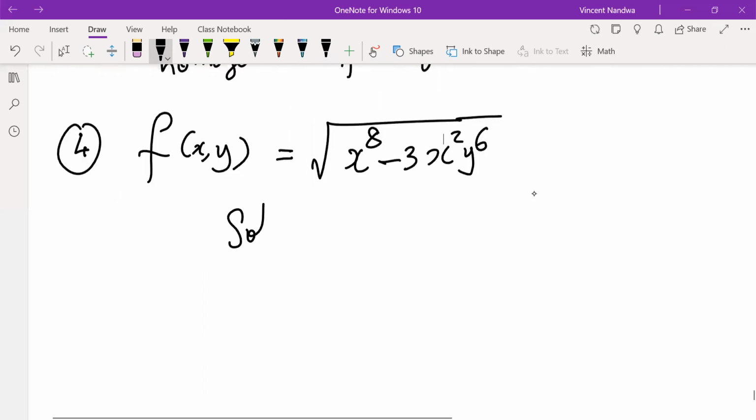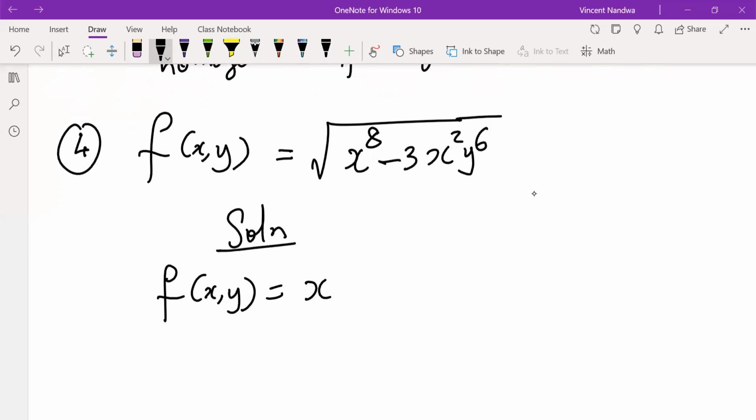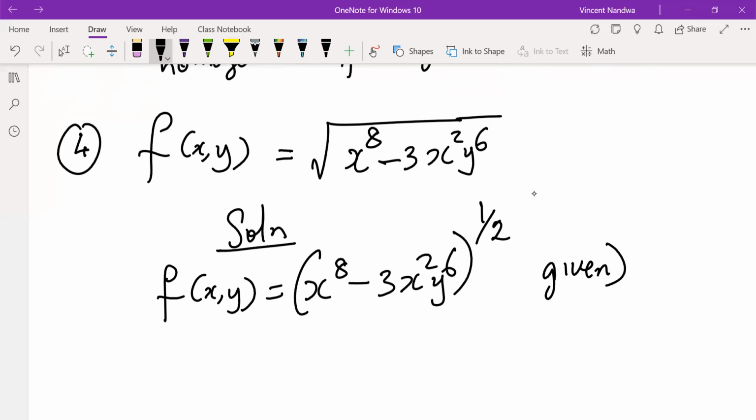So solution, f of x, y is x power 8 minus 3x squared y power 6, all raised to power half. Square root means raised power half. So this is what is given. So let's define f of tx, ty.